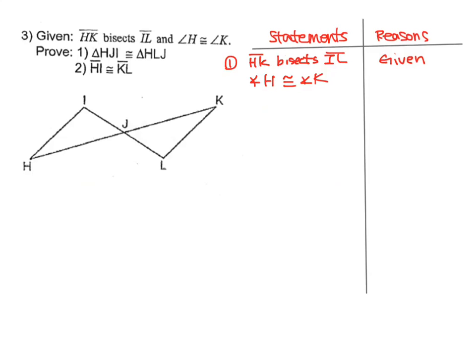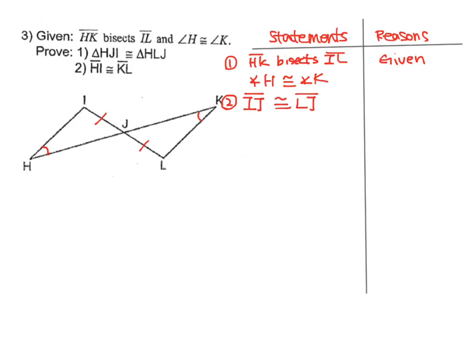Let's try to mark that. HK bisects IL, that means that this line segment and that line segment must be congruent to each other. And angle H is congruent to angle K. So as a second statement, we write down IJ must be congruent to LJ.